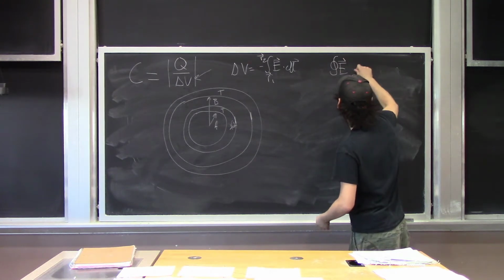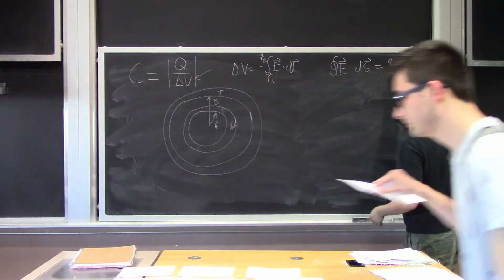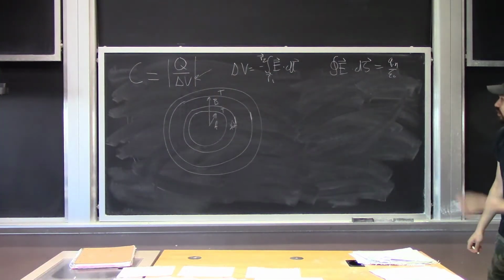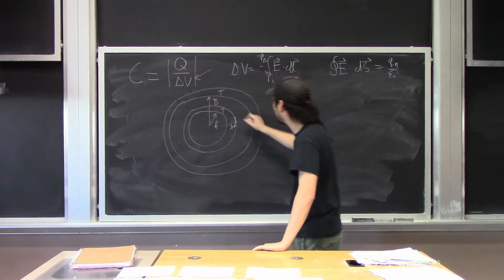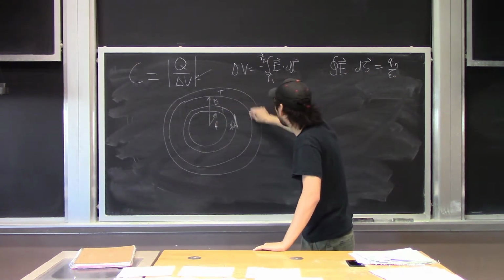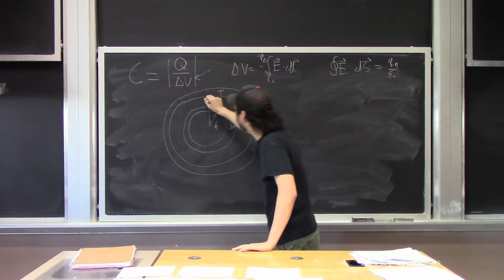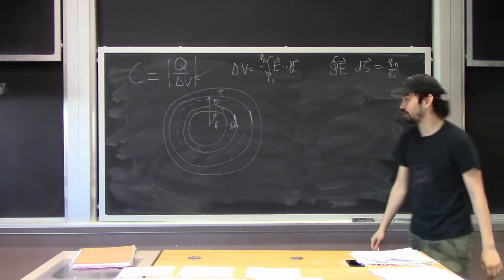So the integral of E dot dS is going to be equal to Q in divided by epsilon naught. Since we're only really interested in the difference in electric potential between the outer portion of this shell and the inner portion here, there's only one region where we have to find the electric field. So it's going to be this region here.